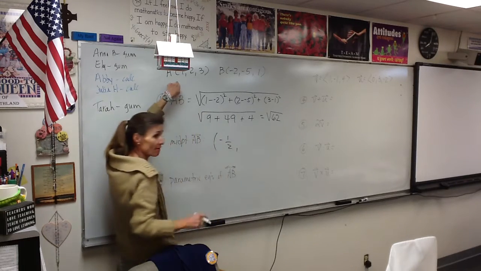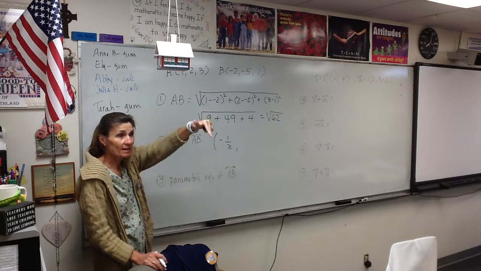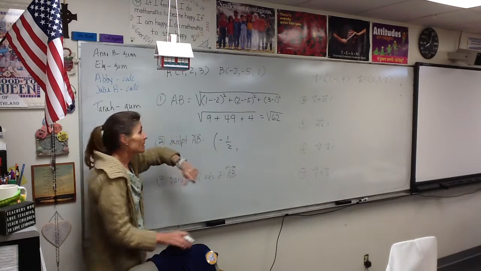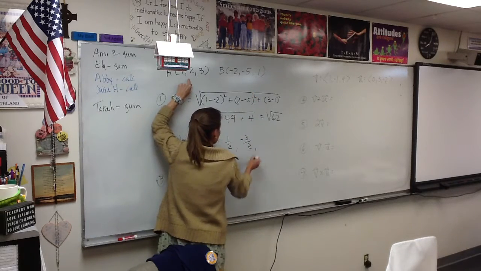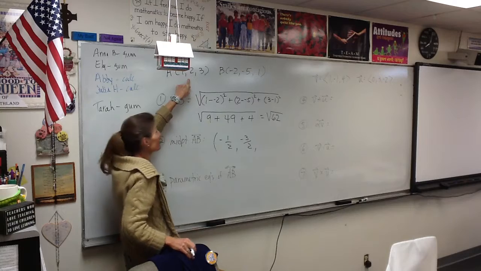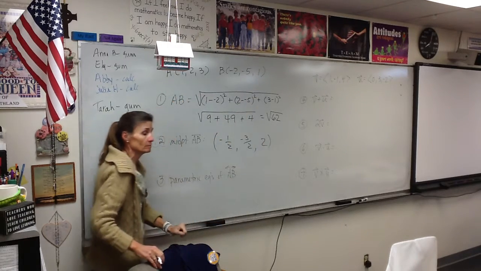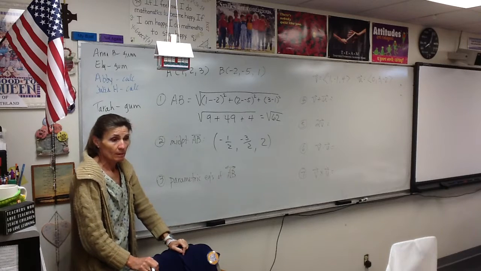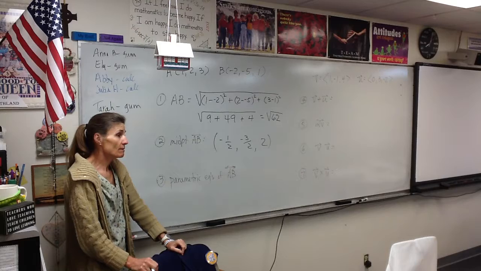So negative 1/2 for my first coordinate. Remember, we're averaging. Add the x's, divide by 2. Now, add the y's and divide by 2. And add the z's and divide by 2. Everybody okay with that? Nothing new or different.